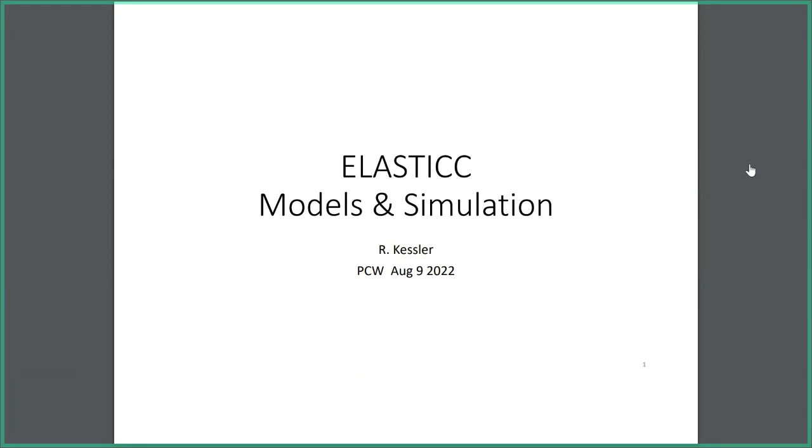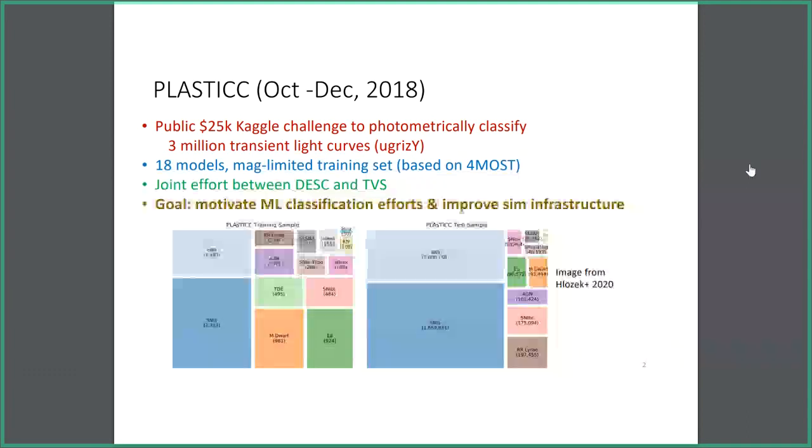Yeah, go ahead. So I'm going to talk about Elastic, the models, and a bit about how the simulation works. So just to motivate things, a few years ago, we ran a public 25K Kaggle challenge to photometrically classify 3 million transient light curves in the LSST passbands. That included 18 models and a magnitude limited training set that was roughly based on the expected performance of Foremost.